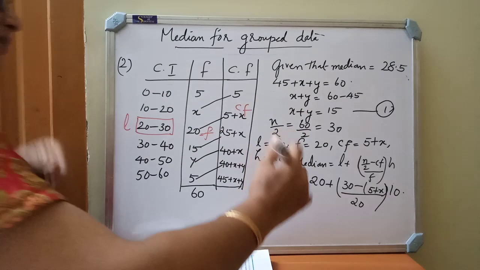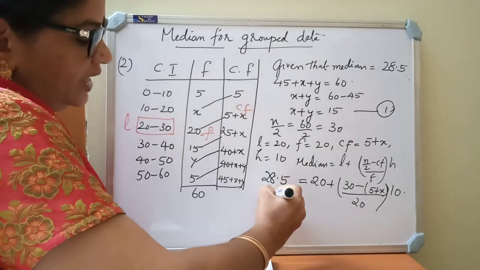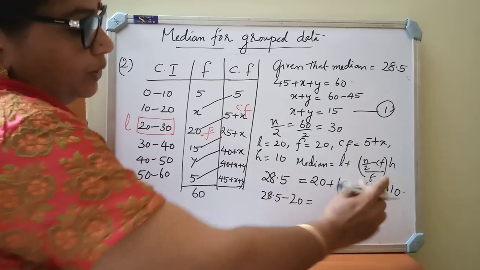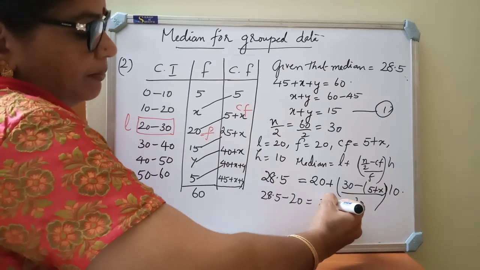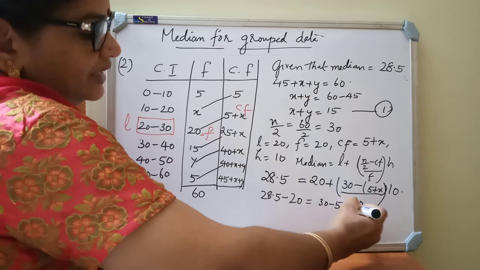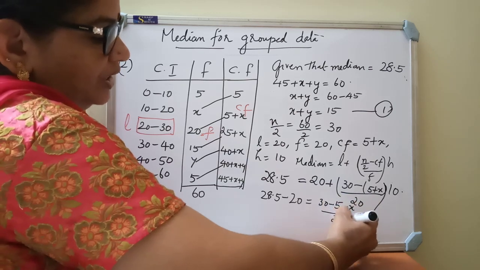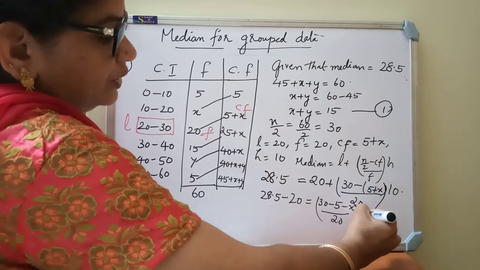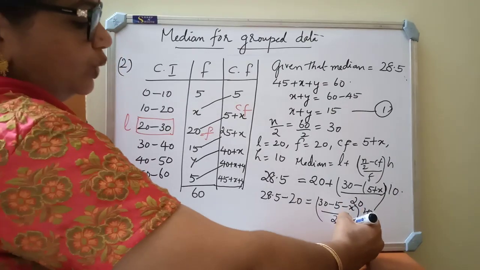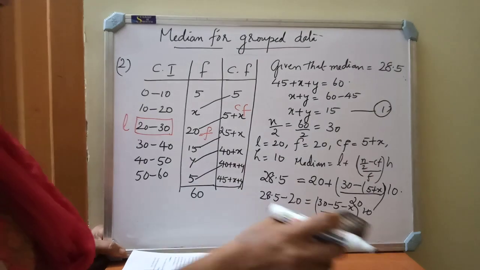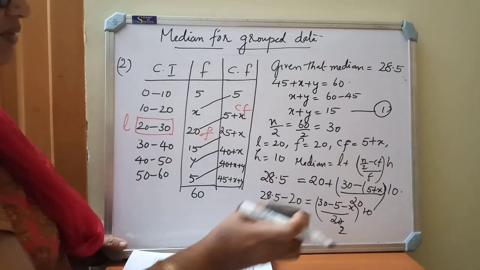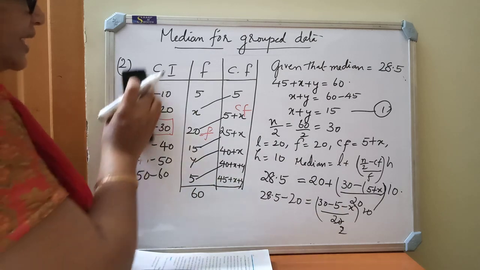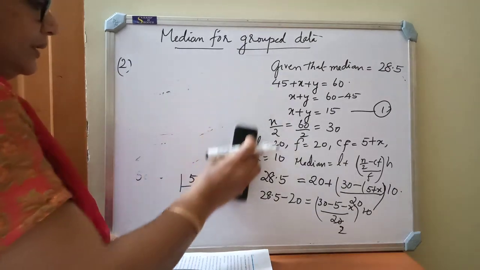What will you get? 28.5 minus 20 equal to, remove the bracket, 30 minus 5 minus x divided by 20 into 10. So this and this get cancelled, we will get 2. So 28.5 minus 20, we will get what? 8.5. So I am going to rub this tabular column for calculation.